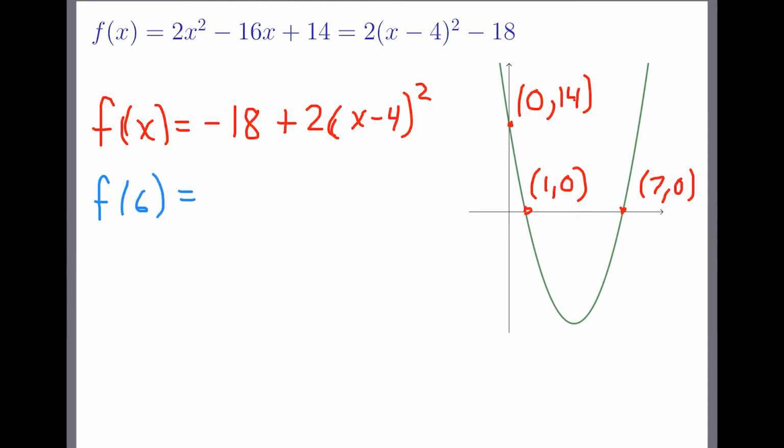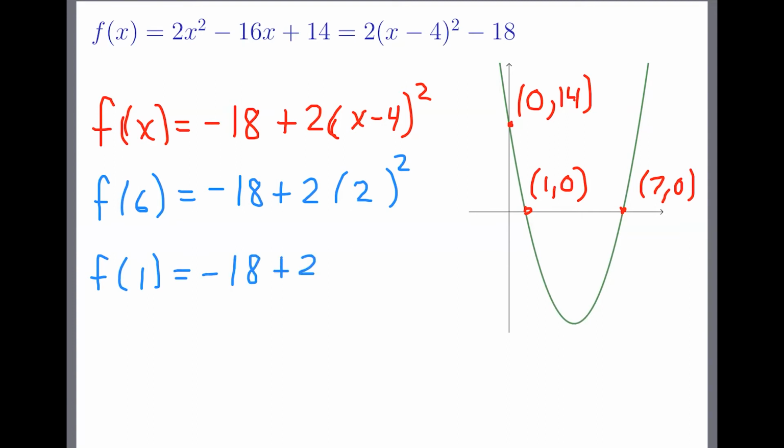Well, f of 6 is equal to negative 18 plus 2 times, now I have to do 6 minus 4, well, that's 2, and then I have to square it. What happens if I plug in something like 1? What's f of 1? It's equal to negative 18 plus 2 times, now I have to do 1 minus 4 and square it. Well, 1 minus 4 is negative 3.